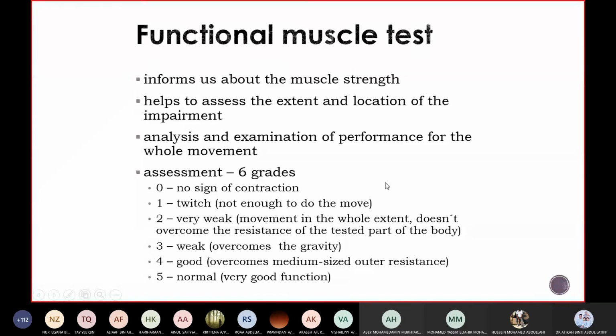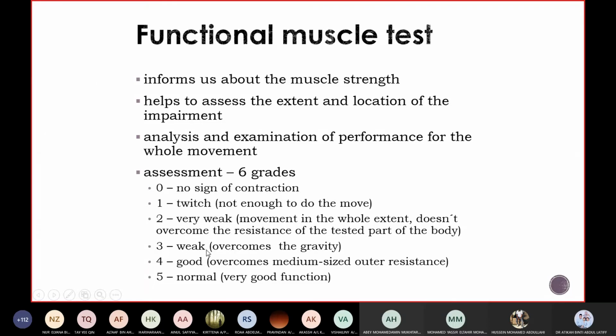If you ask the patient to flex the elbow, and you see some twitching near the biceps area, but the hand does not flex, then you give grade 1. If the patient moves a bit but doesn't overcome resistance, meaning you ask the patient to move against your hand and it is a very weak movement, that would be 2.